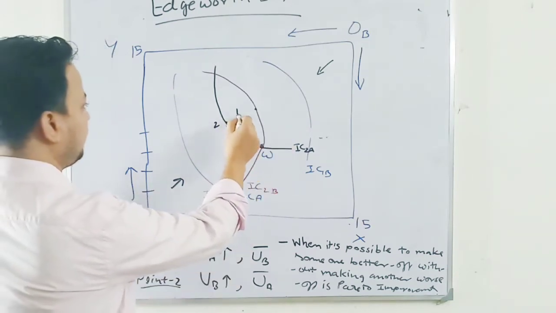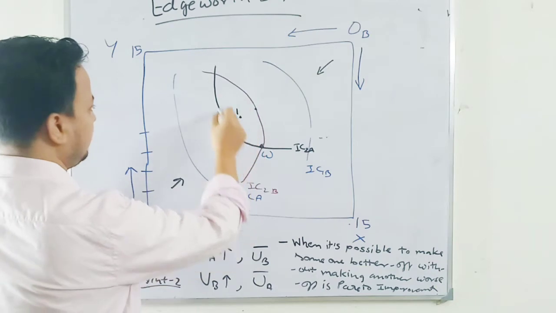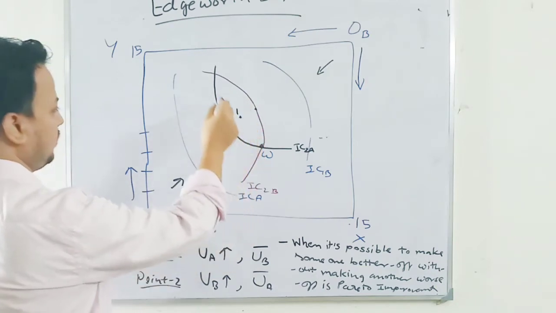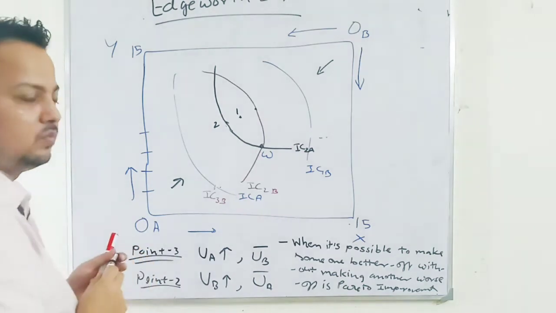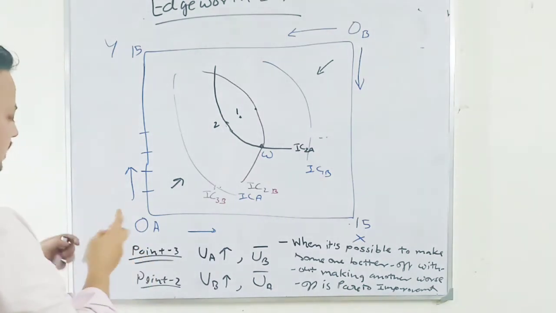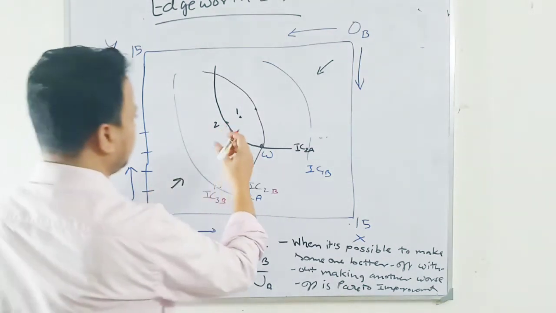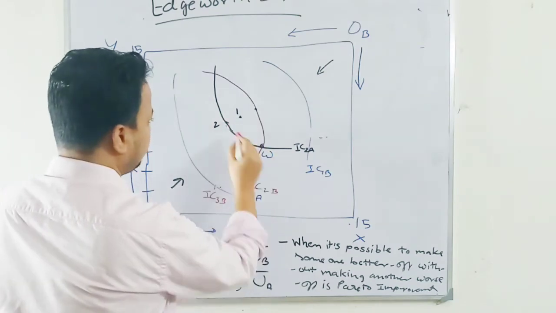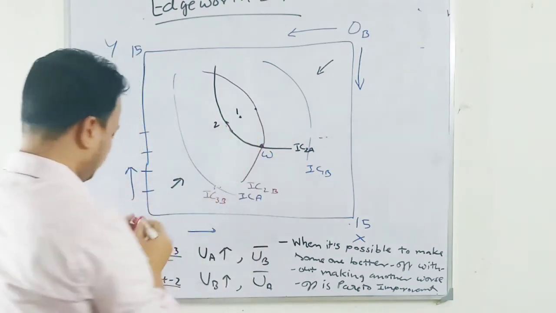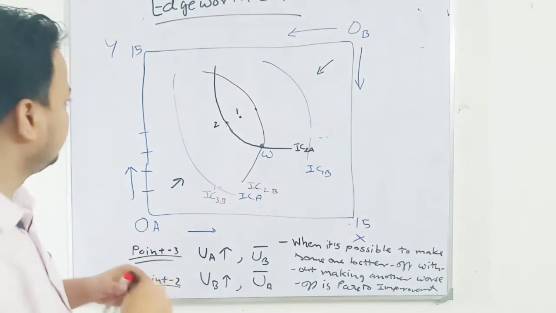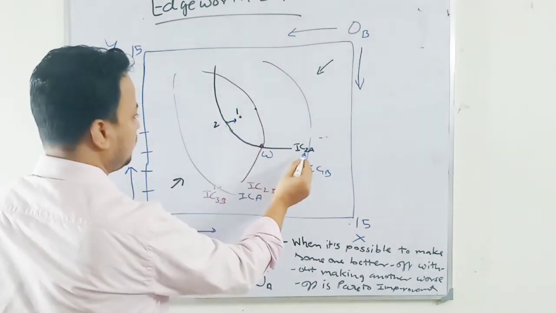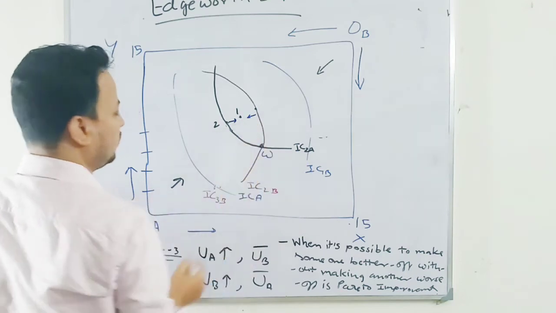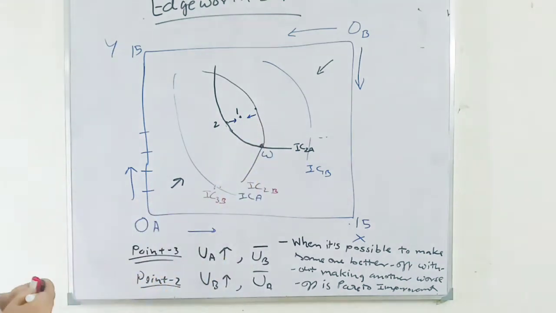Now look at point number 1. Any point here in this region. Okay, so at this point 1, it is possible for me to increase the utility of consumer A and B both, right?